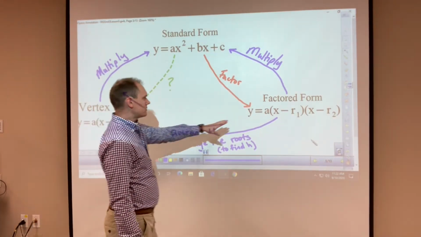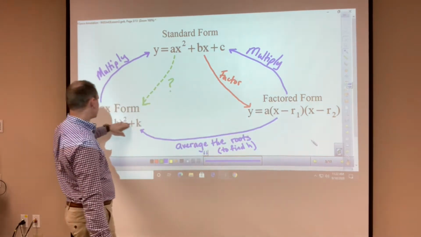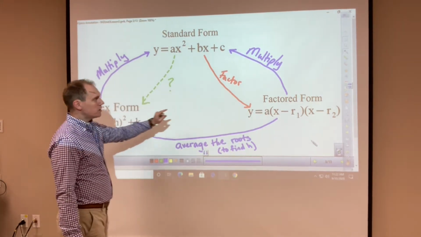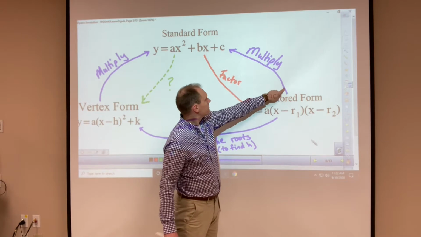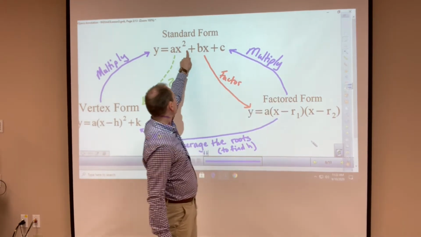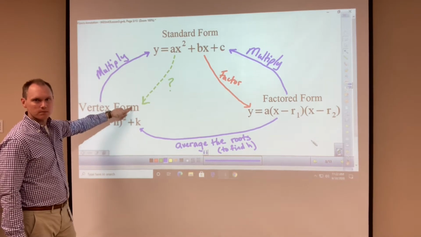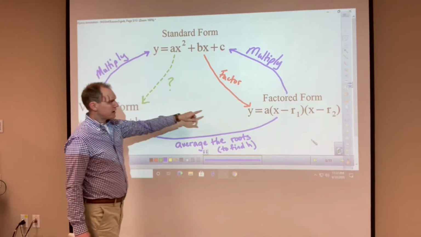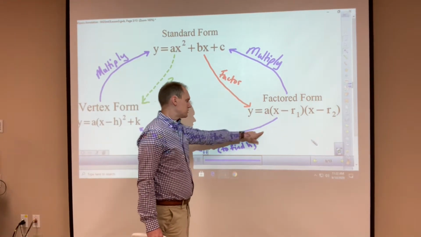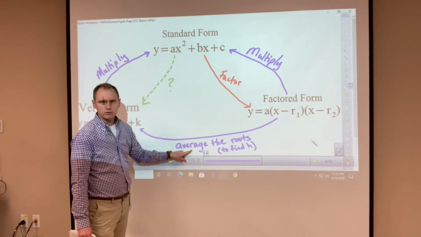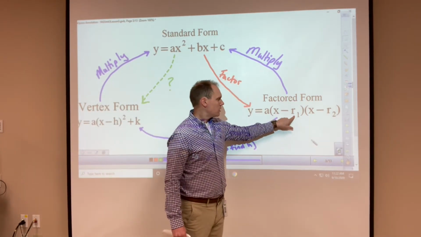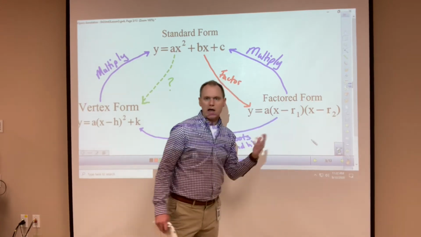To get from factored form to vertex form, you could multiply it out to get the standard form, and then do something that we're going to talk about today called completing the square. The other option to get from factored form to vertex form is to average the roots. So if you've got two roots here, R1 and R2, you average those.